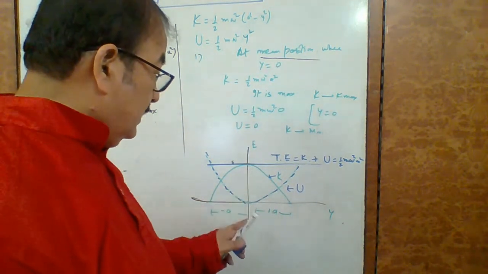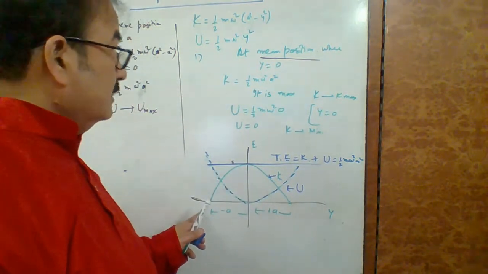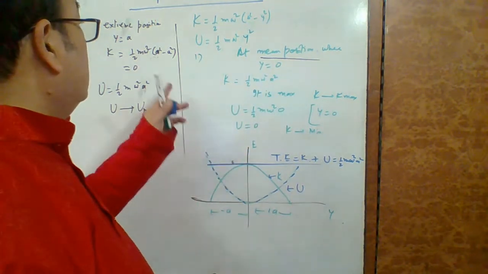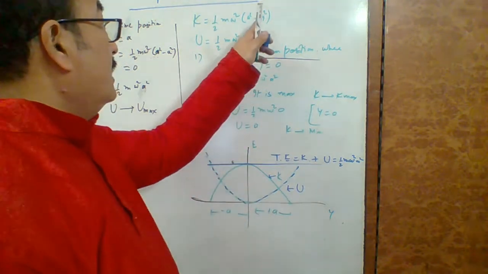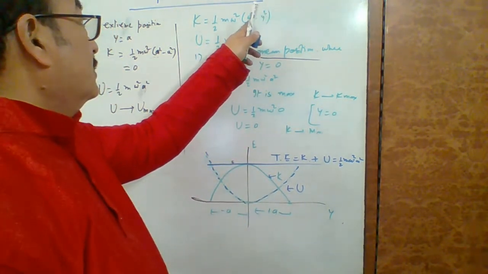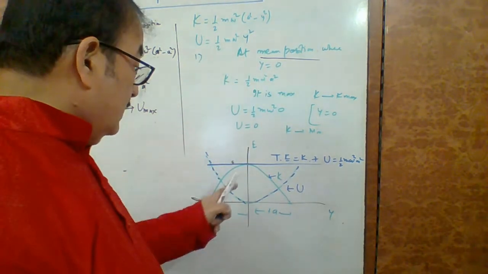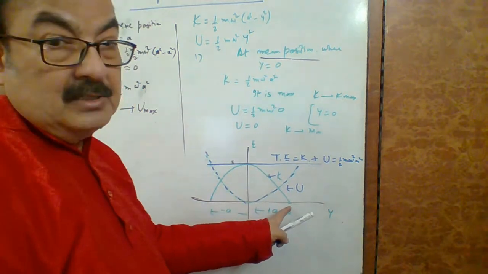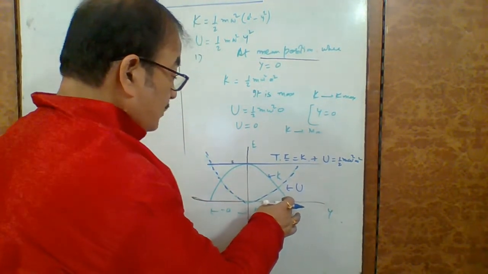Whether it is minus a or plus a, kinetic energy is gradually decreasing, because what is the formula of kinetic energy? It is a square minus y square. And as y increases, naturally the difference a square minus y square decreases. In that way it is gradually 0 at the extreme point. When we have y equal to a, we get 0 kinetic energy.